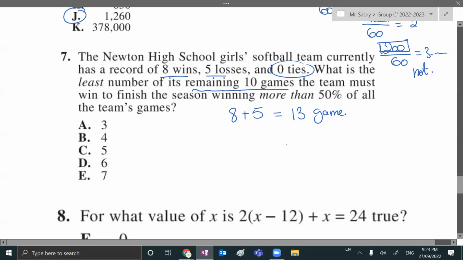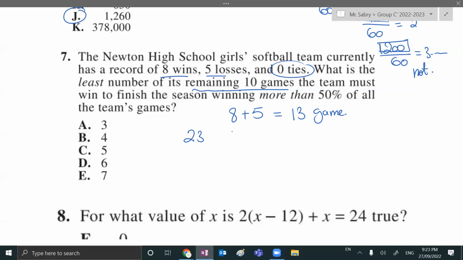Yes, I'll add 13 and 10. Exactly. So that will give me 23 new games. Now أنا عايز إيه؟ She needs to win how many new matches so that her total wins throughout the 23 matches would be 50%. Or would be actually more than 50%.